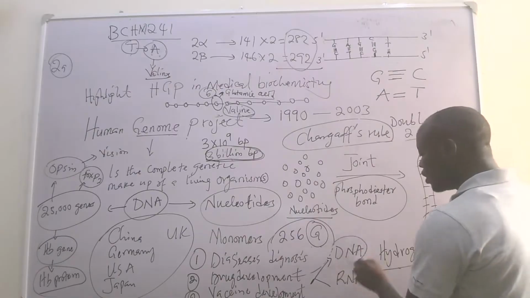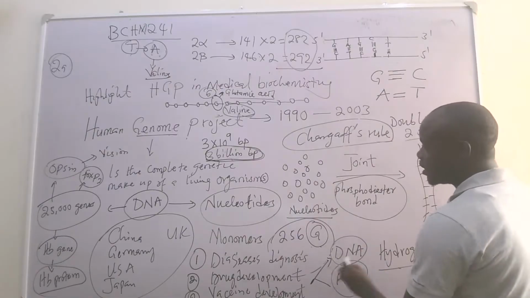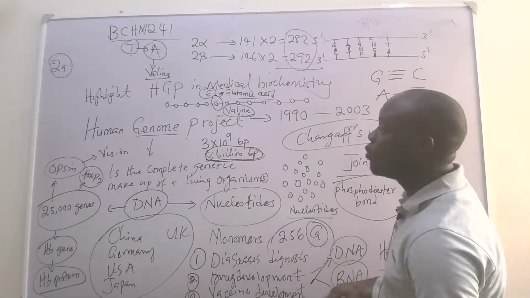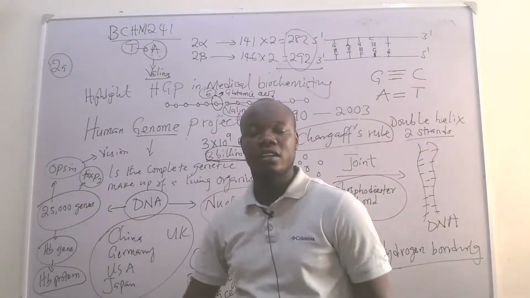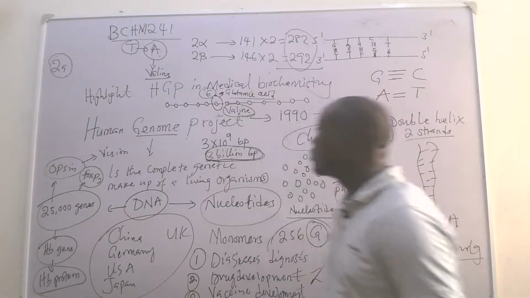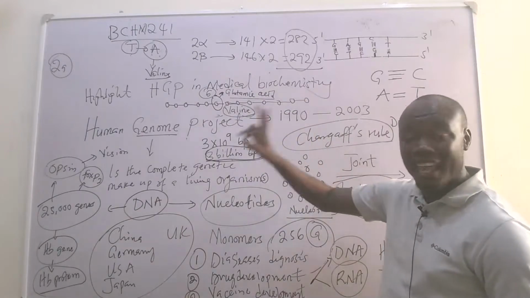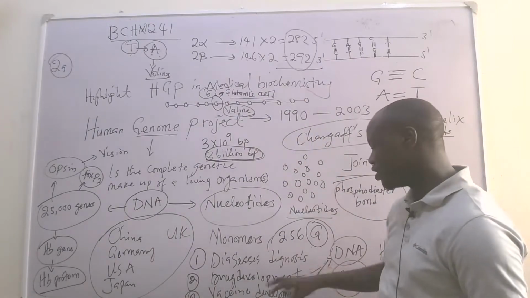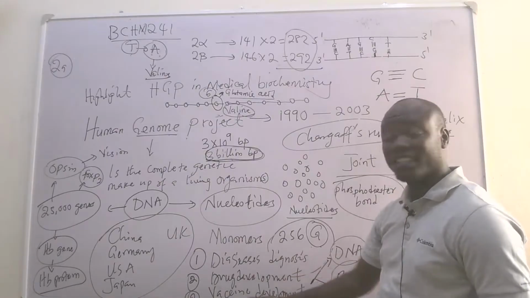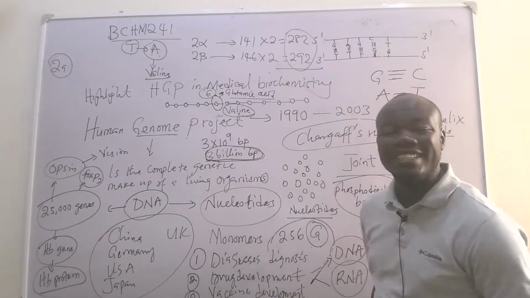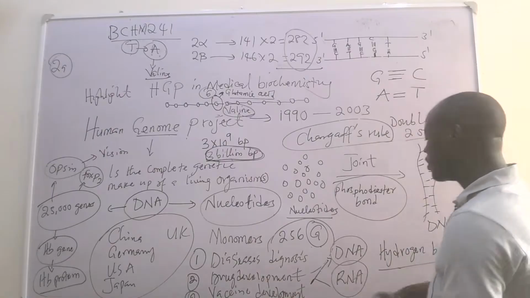The development of DNA and RNA vaccines came after the complete Human Genome Project. So you see now the relevance of the Human Genome Project in medical biochemistry: it aids in disease diagnosis, drug development, vaccine development, and you can add disease treatment.